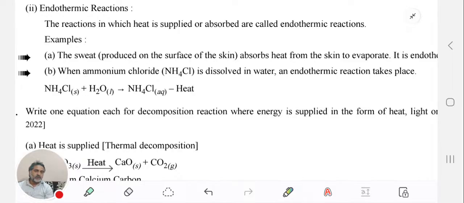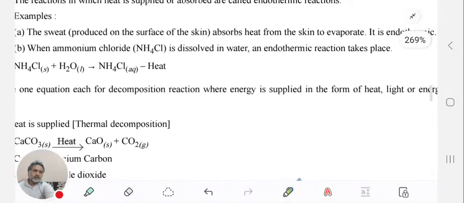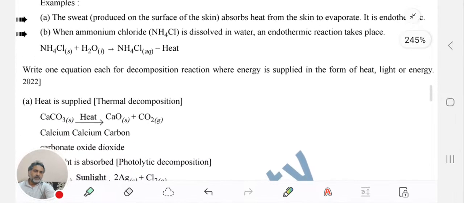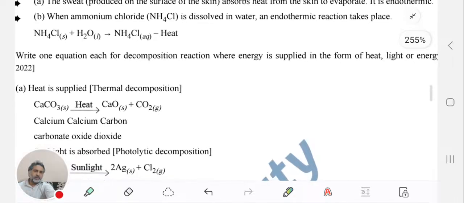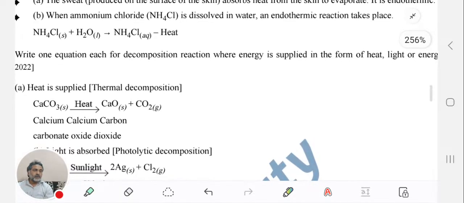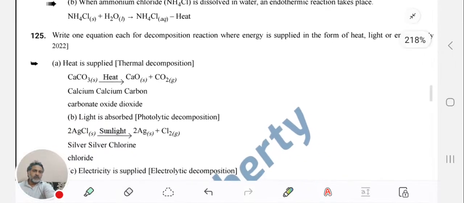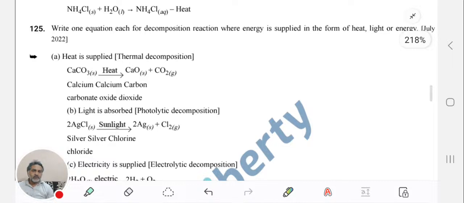Example A: the sweat produced on the surface of the skin absorbs heat from the skin to evaporate. It is an endothermic reaction. B. When ammonium chloride NH4Cl is dissolved in water, an endothermic reaction takes place. NH4Cl plus H2O gives NH4Cl plus H2O, with heat absorbed.